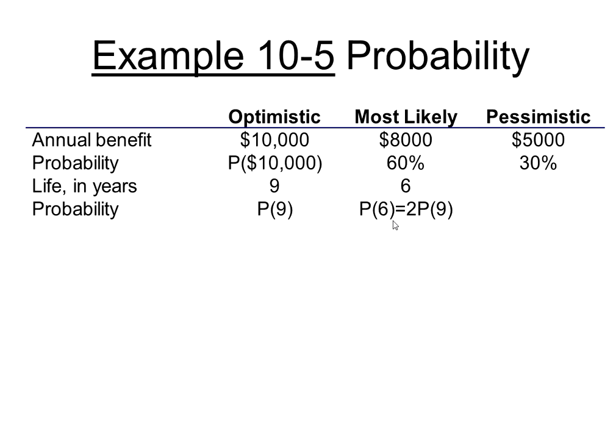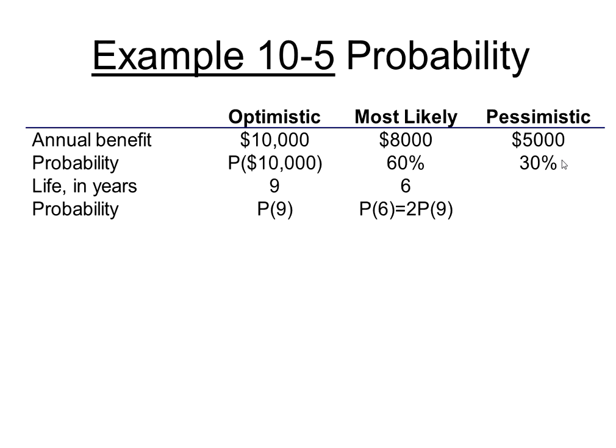So what do we do? In this case, we use the summation rule that says that the summation of all possible outcomes should sum to 1. So here the possible outcomes are 10,000, 8,000, or 5,000. If we add all of these probabilities together, they should sum to 1. Right now we have 0.6 and 0.3. These sum to 0.9.